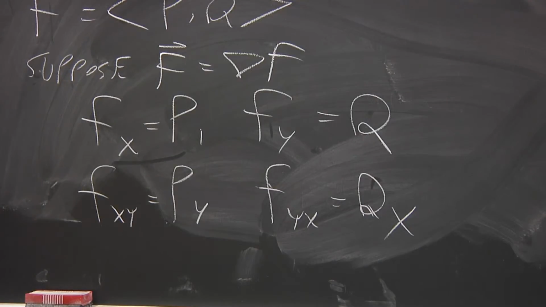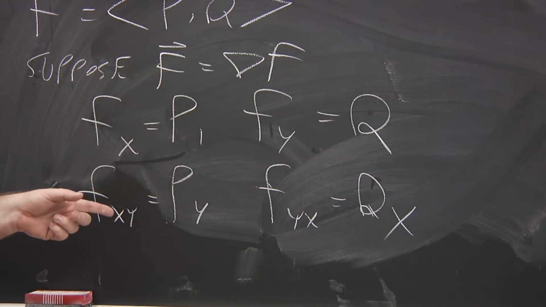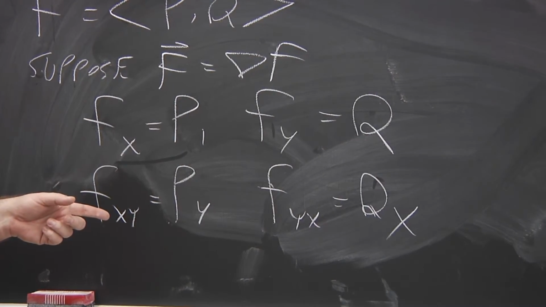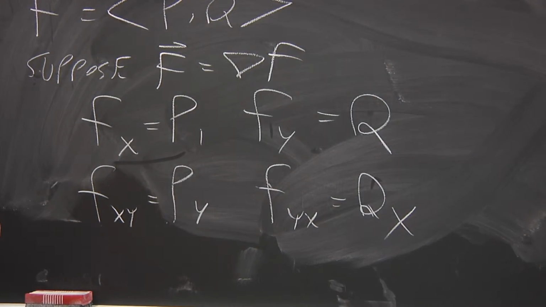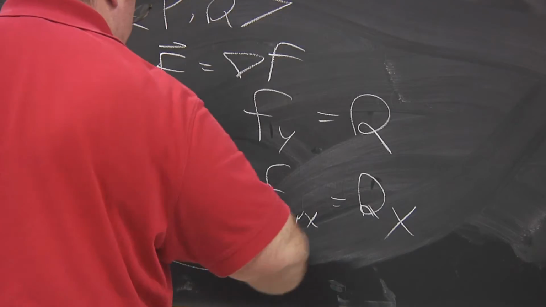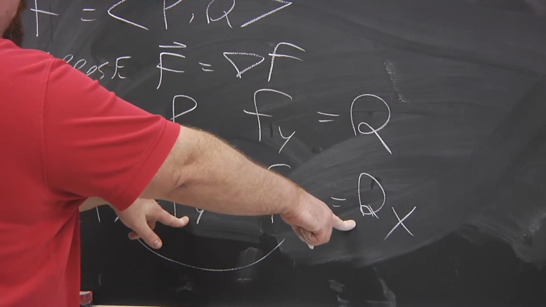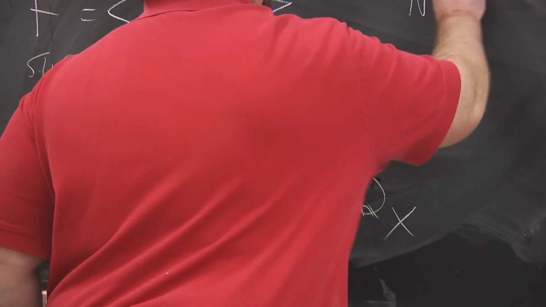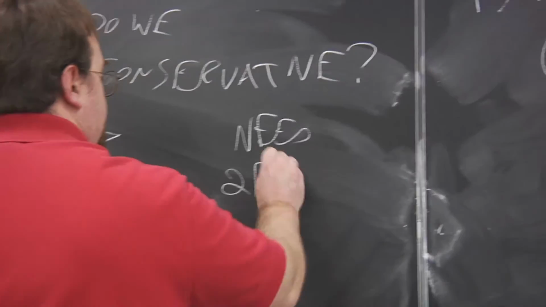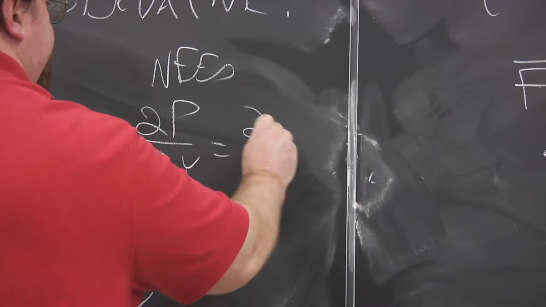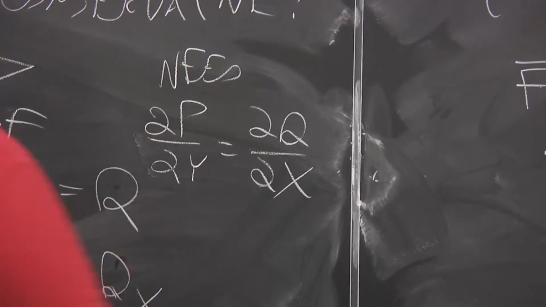So, how does carrying out these particular differentiations help us? What do we know about f_xy and f_yx? They're equal, provided that they're continuous. So these are equal, therefore these should be equal as well. This is our test: the partial of P with respect to y is equal to the partial of Q with respect to x.